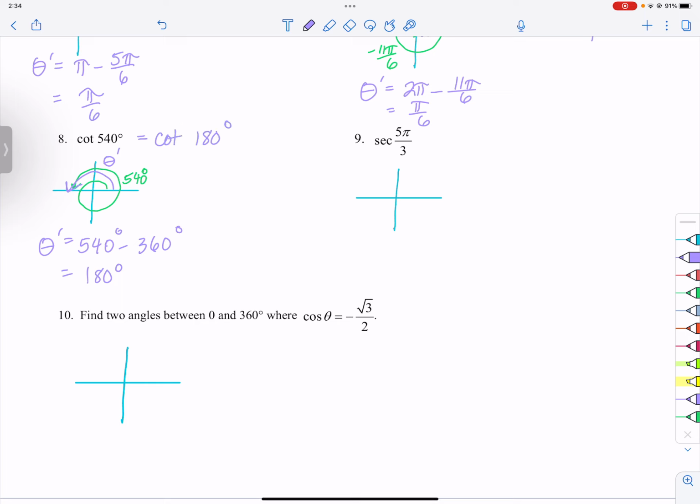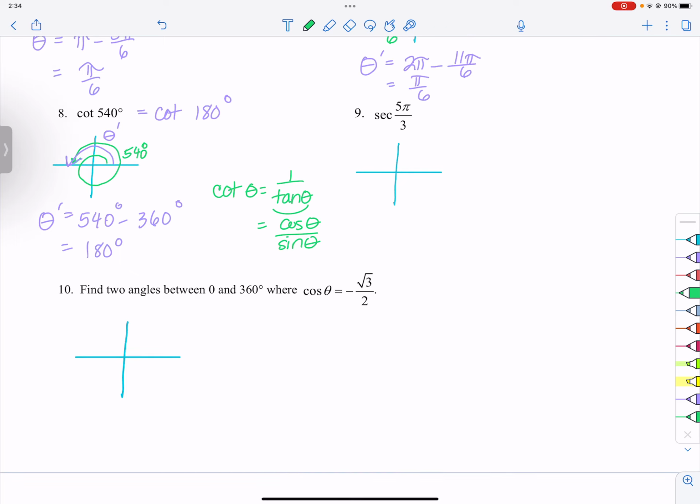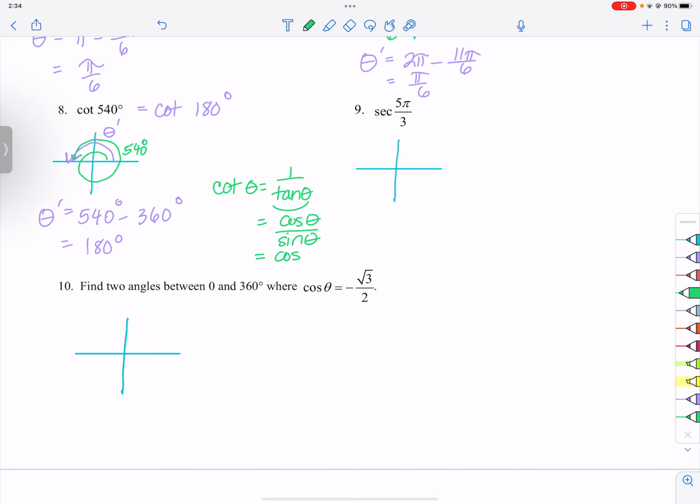Remember, we're on the axis, and the cotangent of theta is equal to 1 divided by the tangent of theta, and that tangent of theta is equal to 0 because, so that'd be the cosine over the sine, and we know that the sine is 0 there at 180 degrees. So this is undefined.